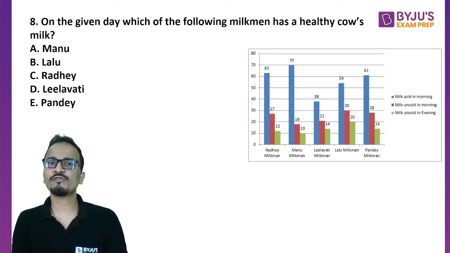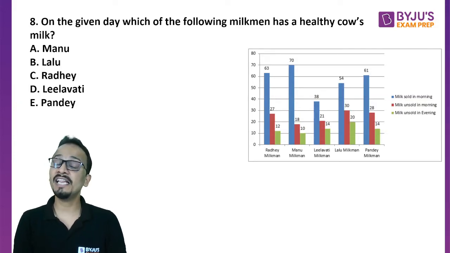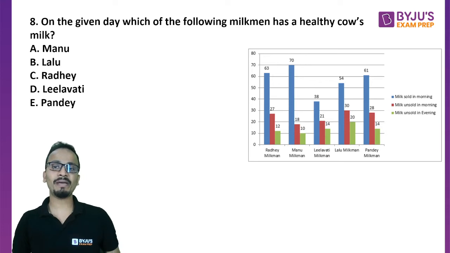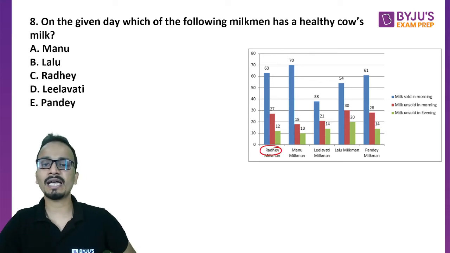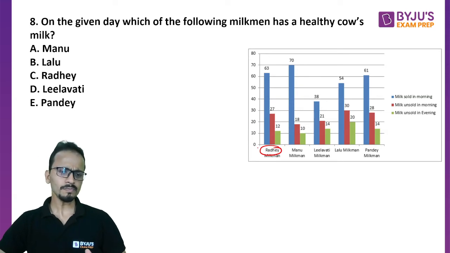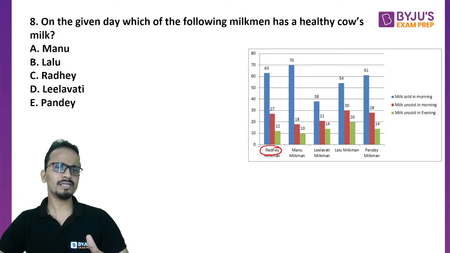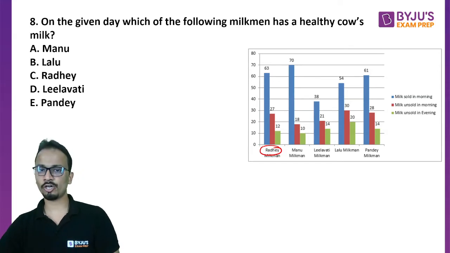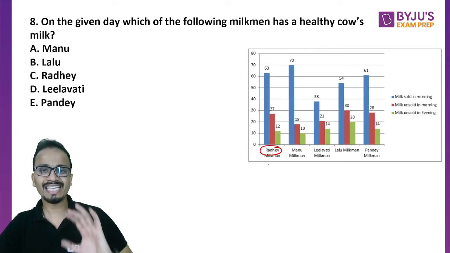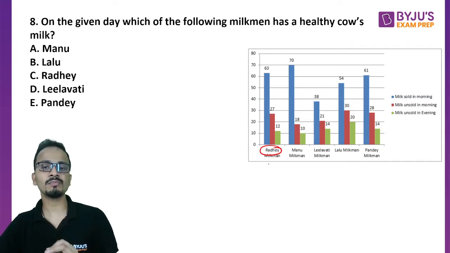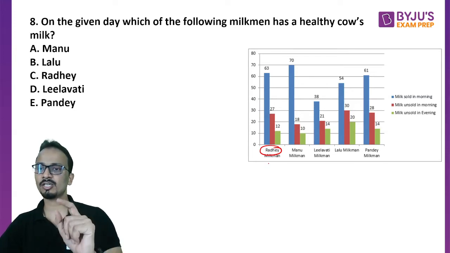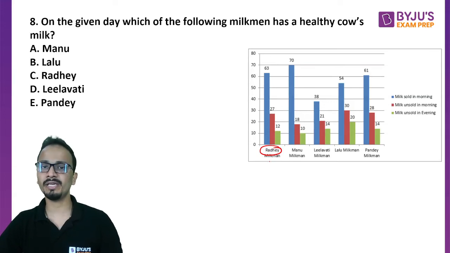On the given day, which of the following milkman has a healthy cow? Friends, ye to humne pehle hi kar liya tha solve. So healthy cow kiske paas thi? Only with the Radhe milkman. Basically, the logic which defines if the cow is healthy or not is the deficit of the milk between the maximum quantity and the quantity that is available with them in the morning.